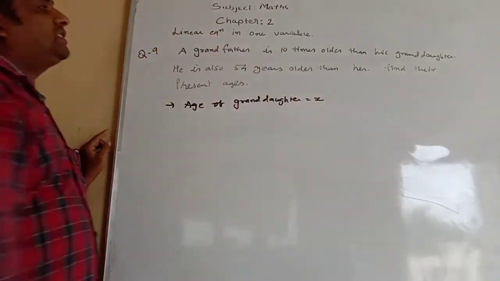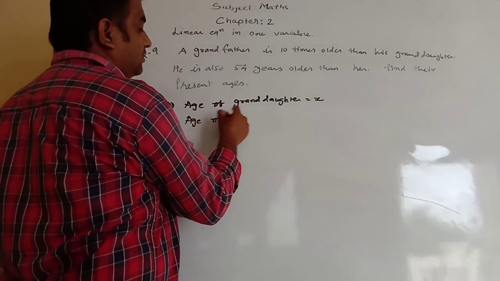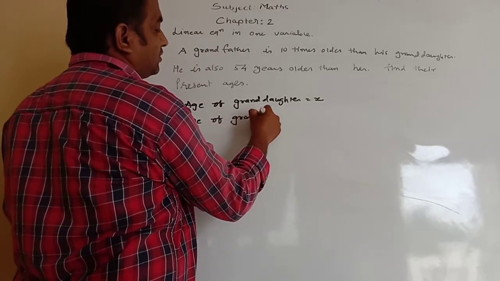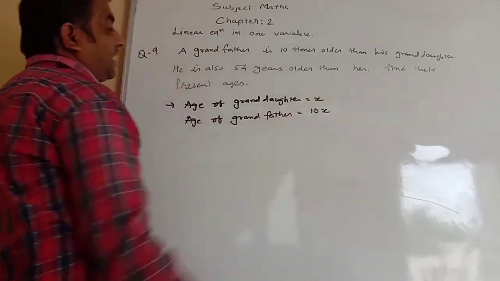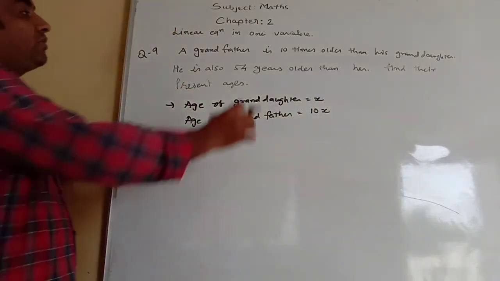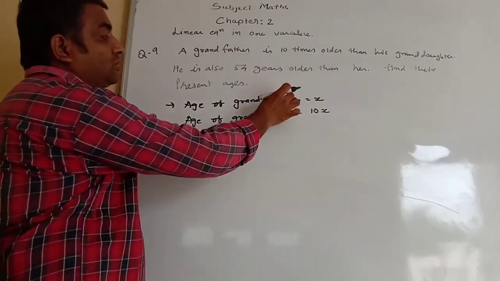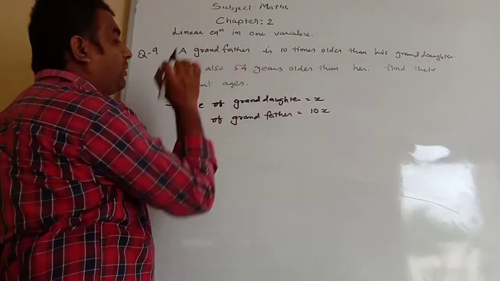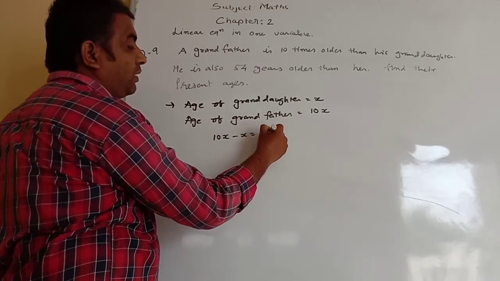And the grandfather is 10 times older than her, so the age of the grandfather will be 10 into x, 10x. Now the grandfather is 54 years older than her, meaning we take the difference of these two ages, it will be 54, and so 10x minus x equals 54.